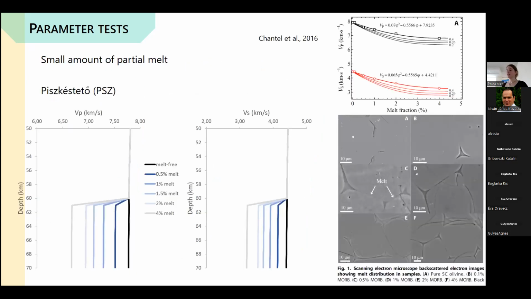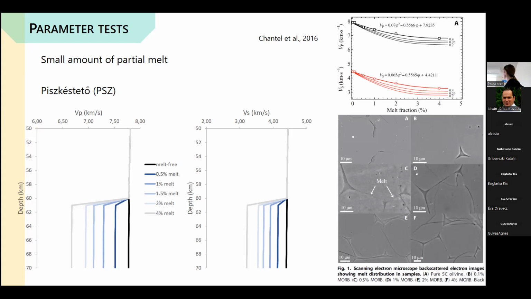And then last but not least, we have the effect of the small amount of partial melt, which I mentioned earlier. We cannot calculate this from the Excel sheet that I used to calculate the original velocities of the lithologic column. So we used the experimental works by Chantal et al., who determined an experimental formula for calculating seismic velocities with different melt amounts.